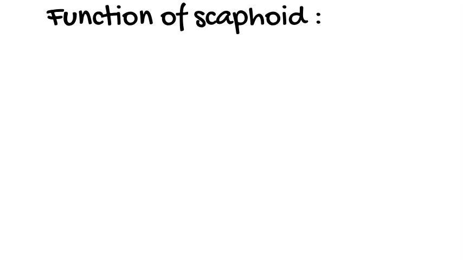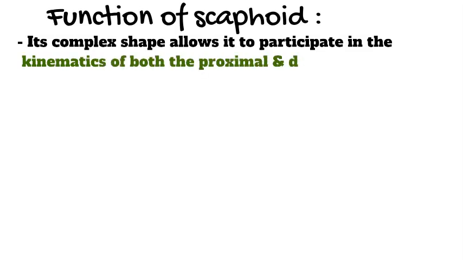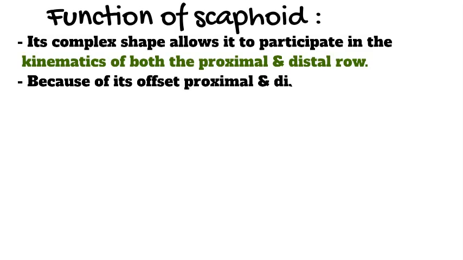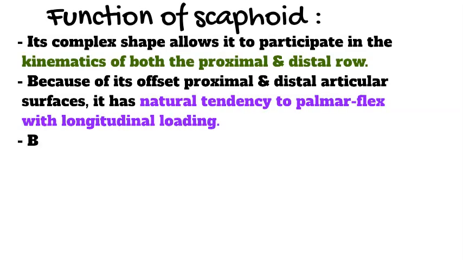Function of the scaphoid. Its complex shape allows it to participate in the kinematics of both the proximal and distal row. Because of its offset proximal and distal articular surface, it has a natural tendency to palmar flex with longitudinal loading.